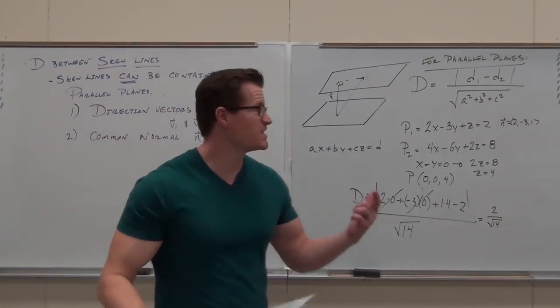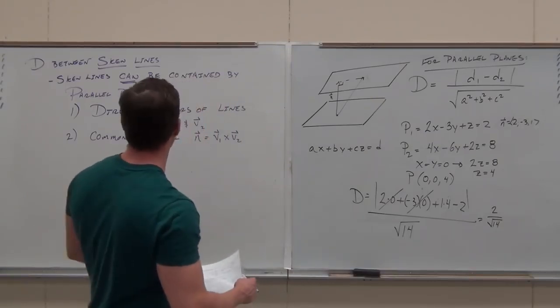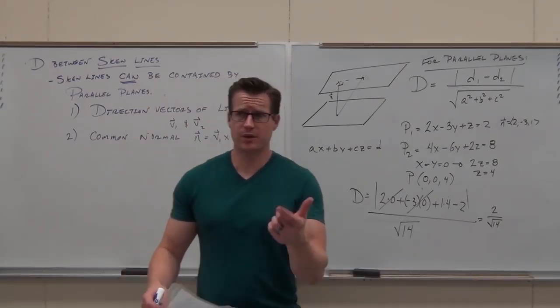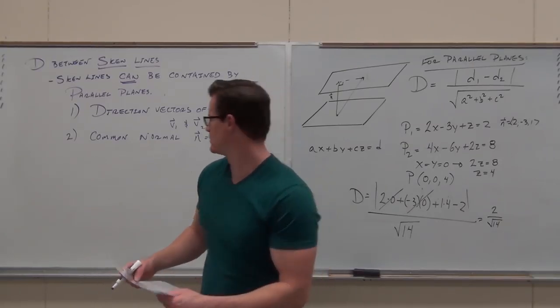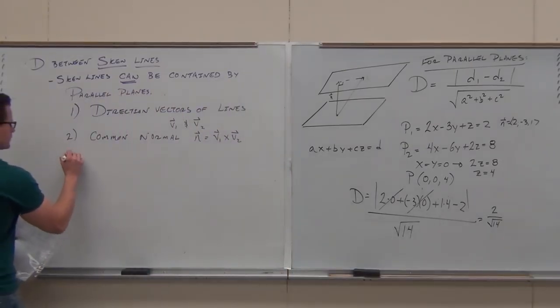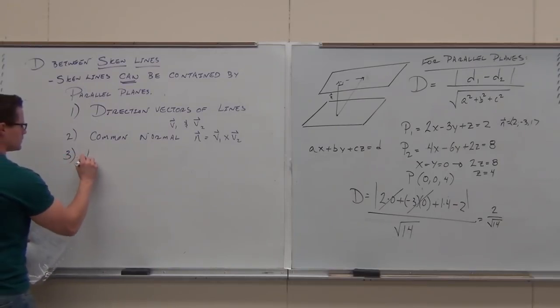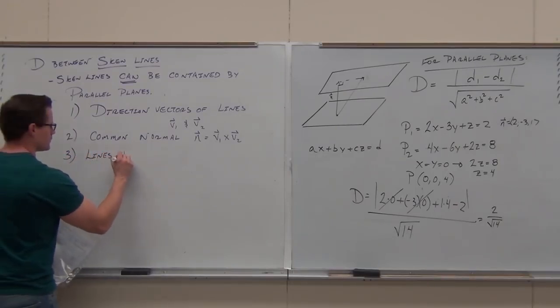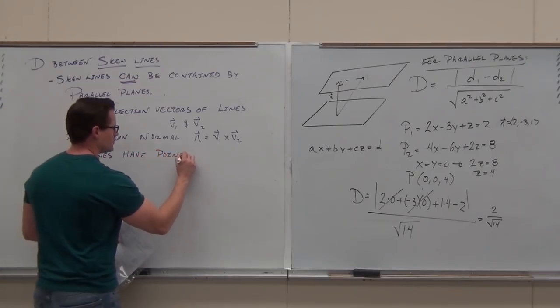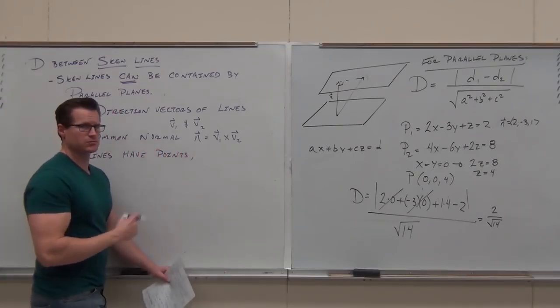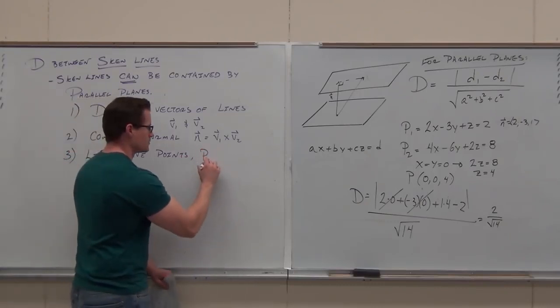Every line is given to you with at least 1 point, correct? You just plug in t equals 0, you get a point. Lines have points. 2 lines, 2 points.